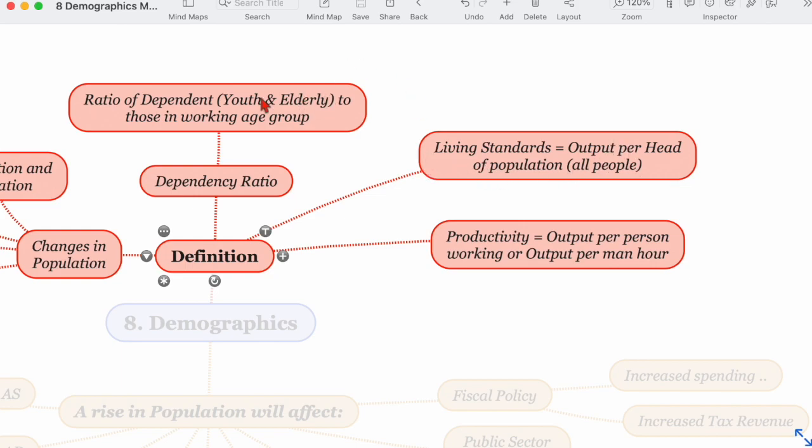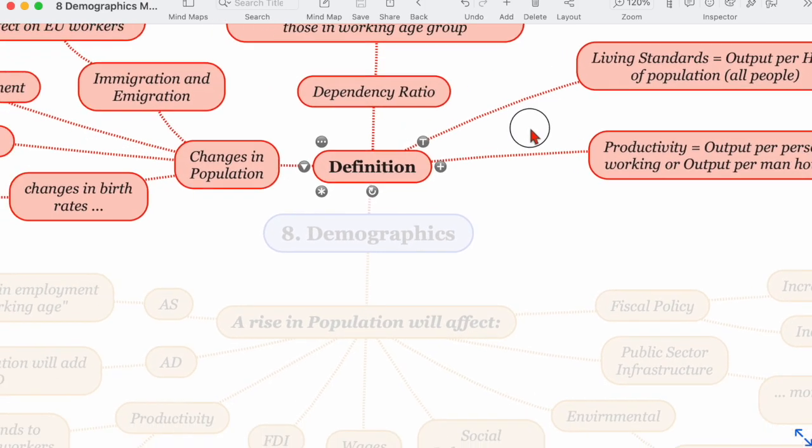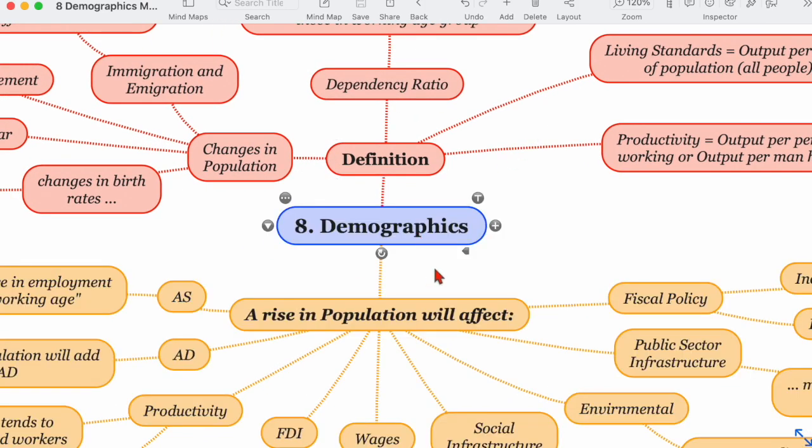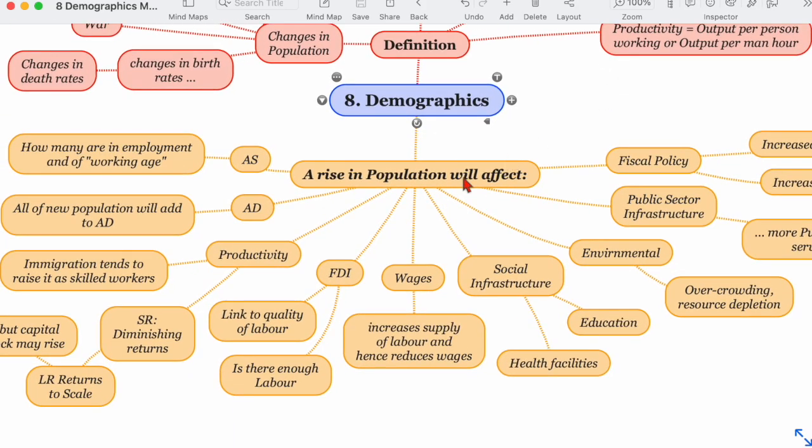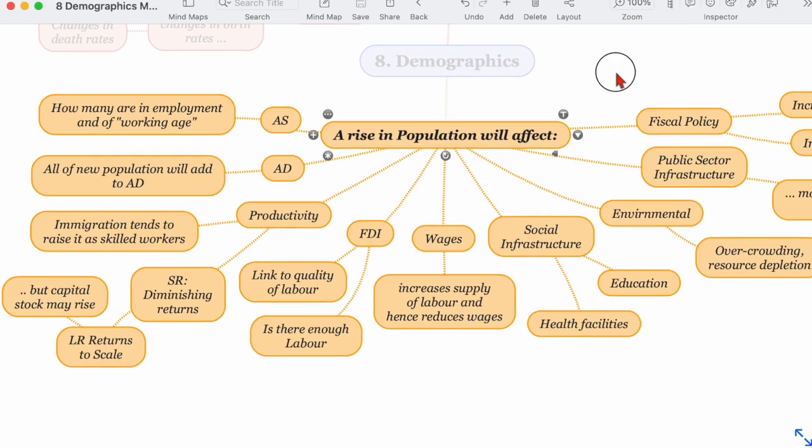That's why knowing the dependency ratio is important, because all of the population is in here, but only some of them are actually producing goods and services to increase the living standards of all the population. So hopefully that helps.